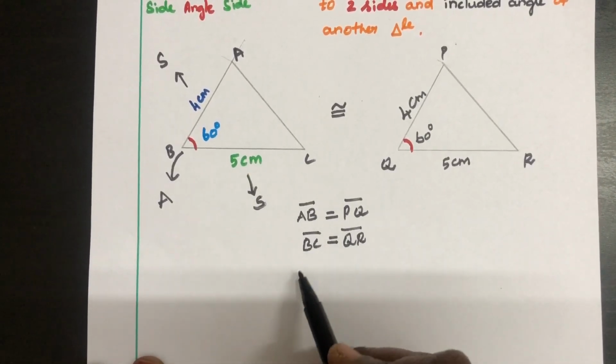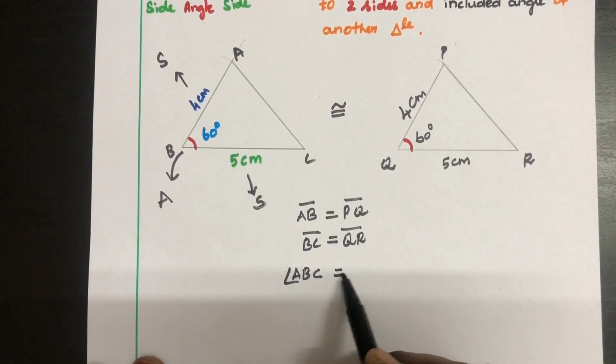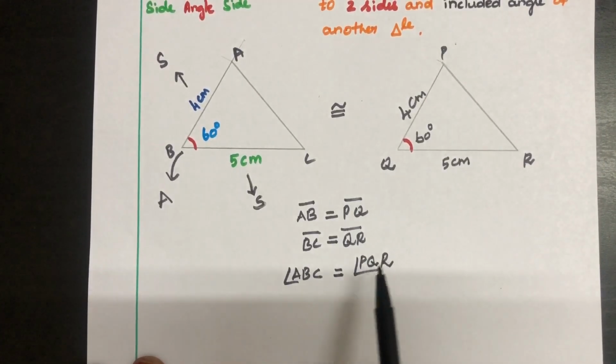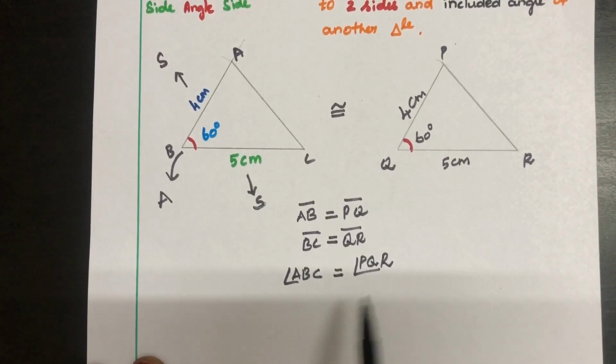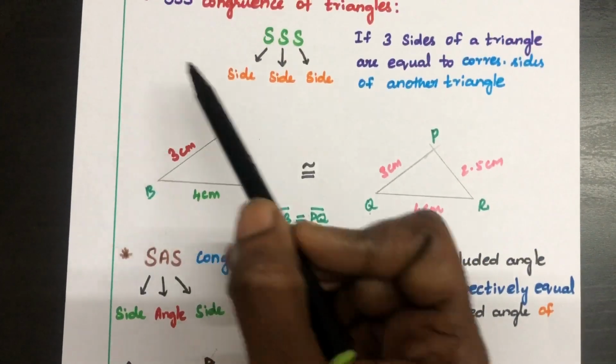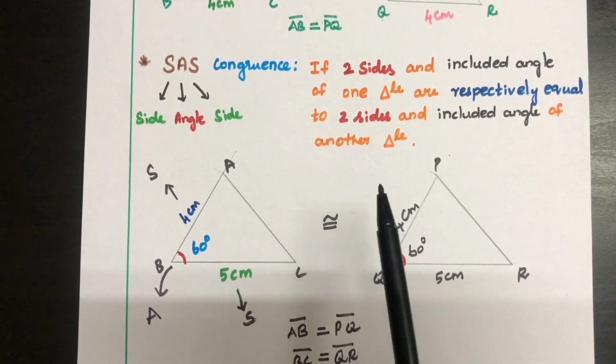Now angle ABC corresponds to angle PQR. So this is the way to find or prove which criterion it belongs to. So we have seen two criteria so far, triple S congruence and SAS congruence.